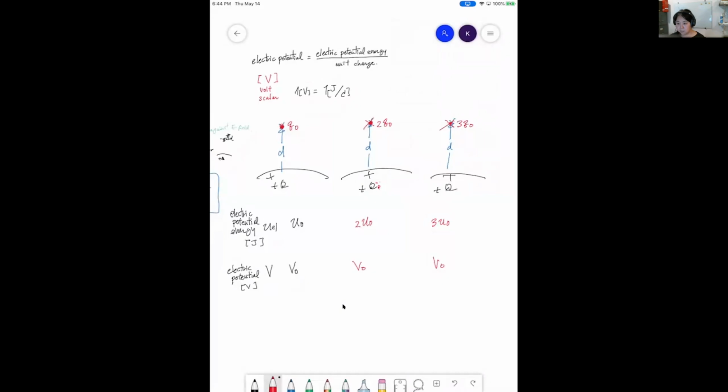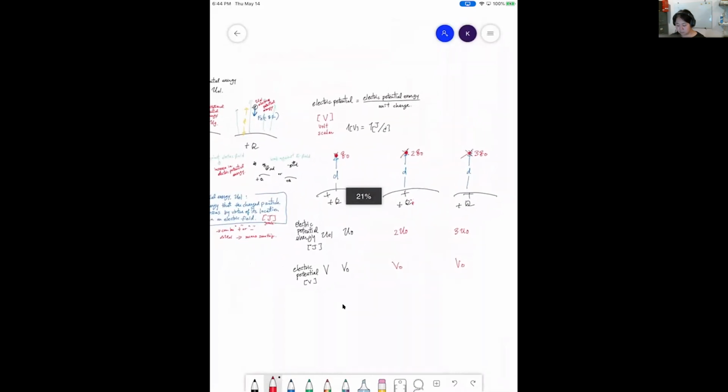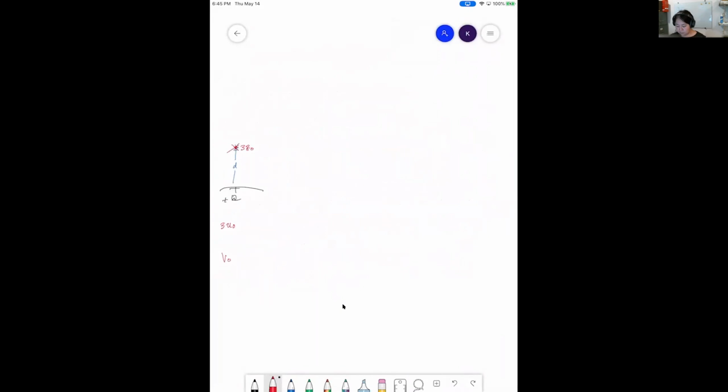So then I want to show you one more thing about the electric field and the voltage. Let's see, I'm going to go back to the screen again. So let's say we said that if you have a positive Q, the electric field lines come out radially outward.